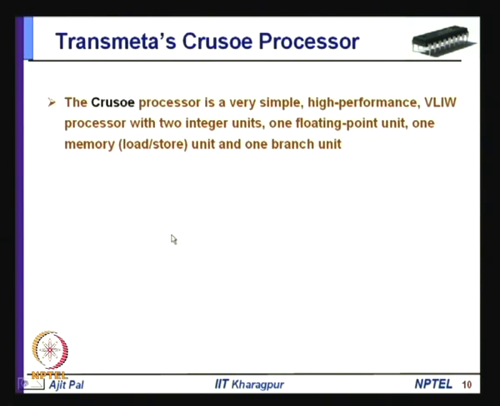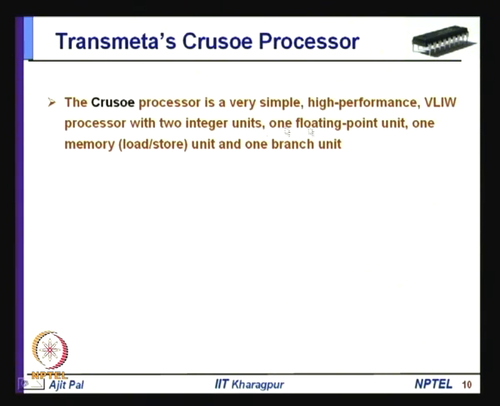One real life example is the Crusoe processor. There is a manufacturer Transmeta. So, Transmeta has developed a processor known as Crusoe. So, the Crusoe processor is a very simple high performance VLIW processor with 2 integer units, 1 floating point unit, 1 memory unit and 1 branch unit.